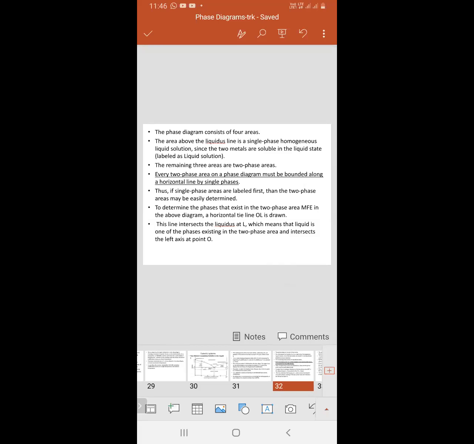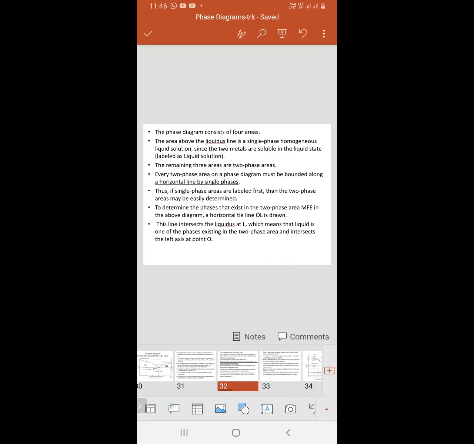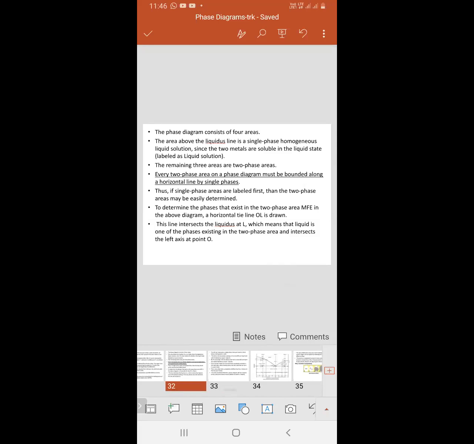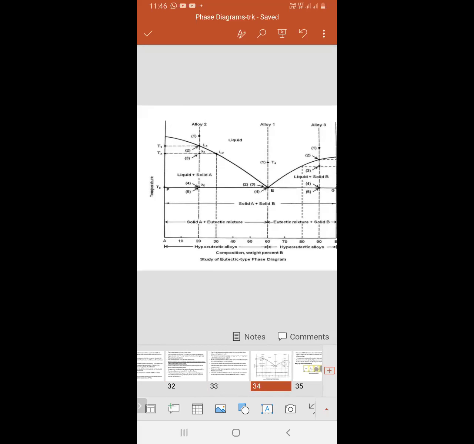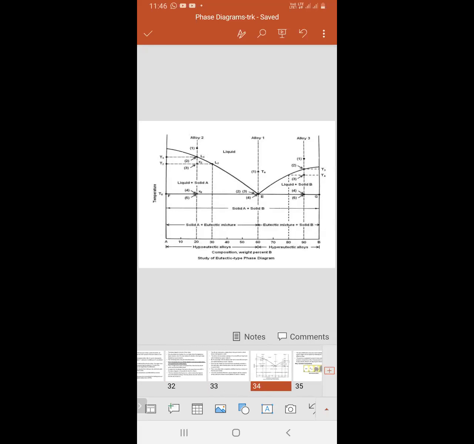To determine the phases that exist in the two phase region M F E in the above diagram, a horizontal tie line O L is drawn. In the same way as discussed in the previous one, in this diagram lines are drawn at points 1, 2, 3 to show how the phases are changing.